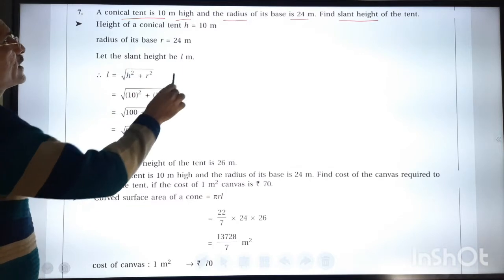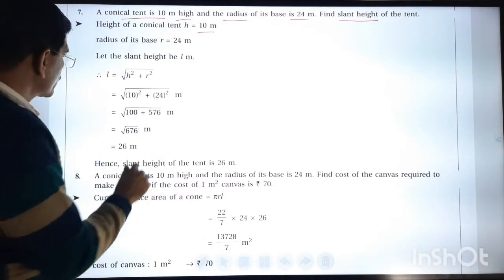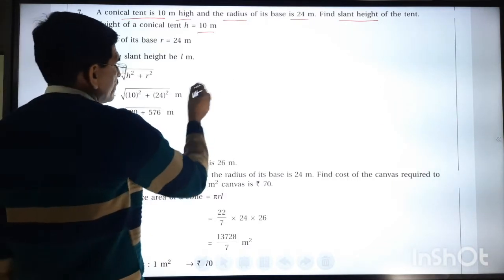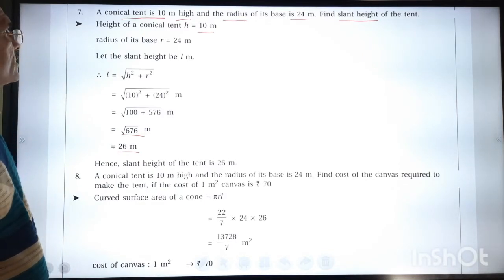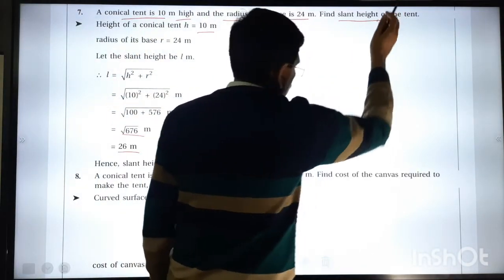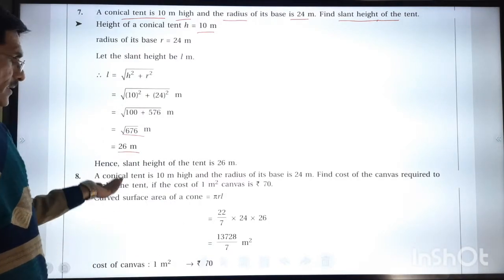So h, that is 10 square, r, that is 24 square. So 100 plus 576, 676. 676 is a square of 26. So 26 is the slant height. The question is find out the slant height. So these are 2 marks questions. It is easy, I think.